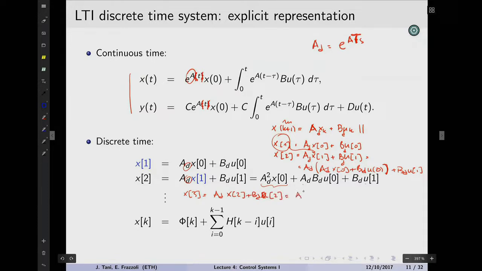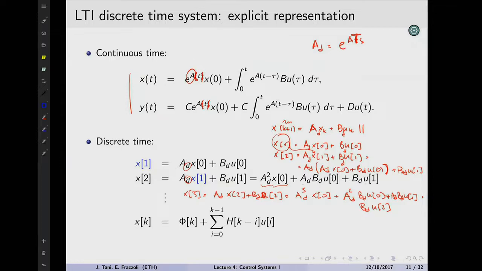So what does this mean? It means we'll get A_D cubed x of 0 plus A_D squared B_D u of 0 plus A_D B_D u of 1 plus B_D u of 2. What if we continue going? You will notice a pattern.